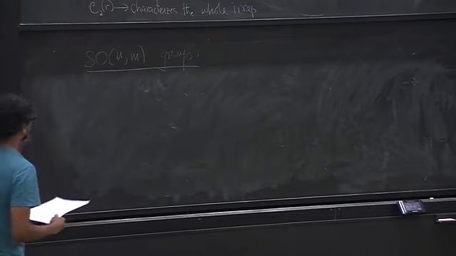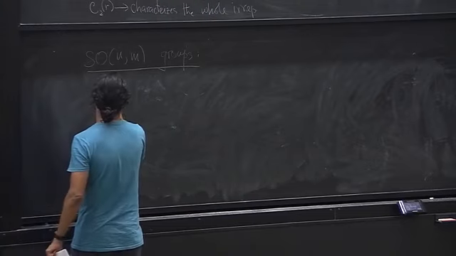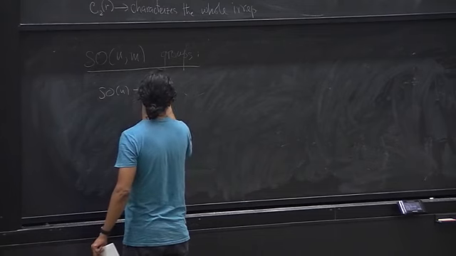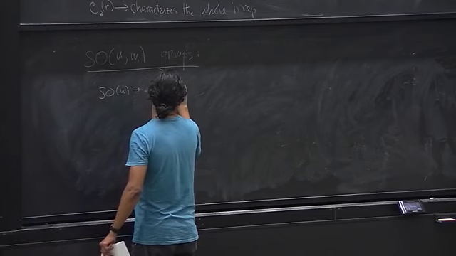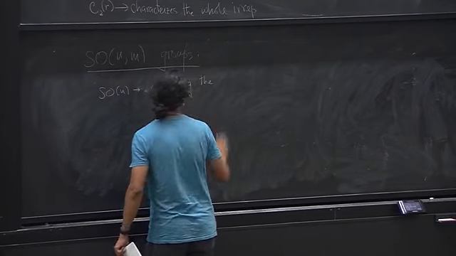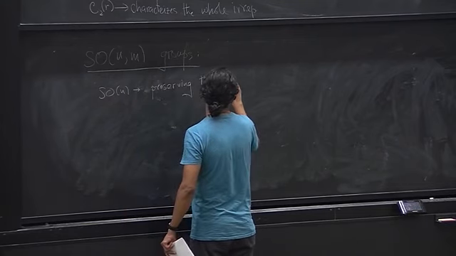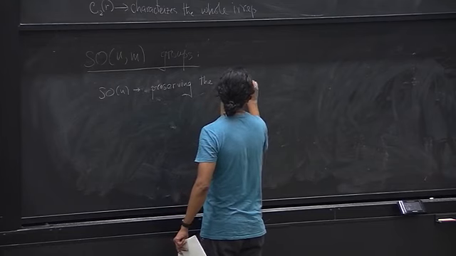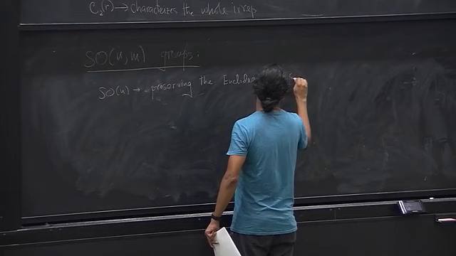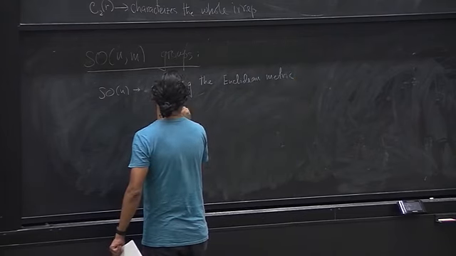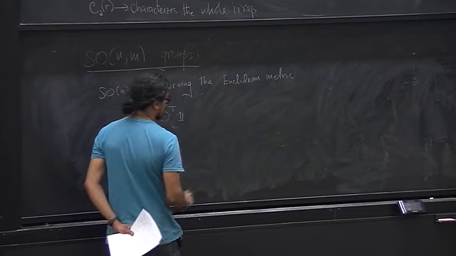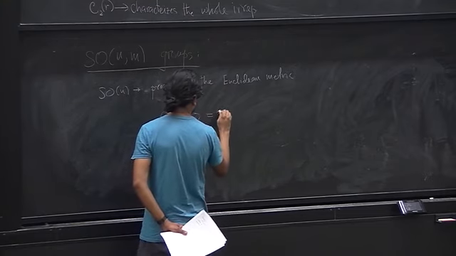Okay, so we can think of the SON groups as preserving the Euclidean metric. So O transpose, the Euclidean metric, which I write as identity matrix, O is this.